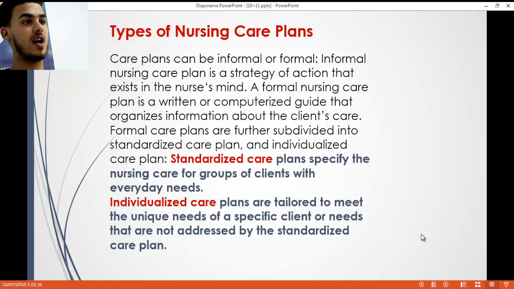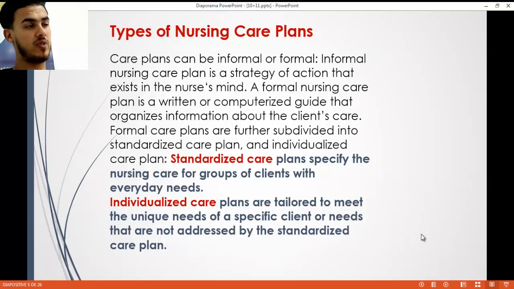Formal care plans are further subdivided into standardized care plans and individualized care plans. Standardized plans specify the nursing care for groups of clients with common needs, while individualized care plans are tailored to meet the unique needs of a specific client, or needs that are not addressed by the standardized care plan.